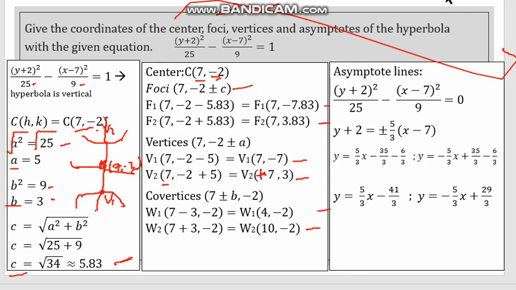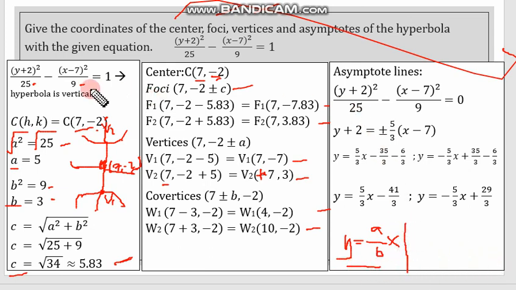Now, for our asymptotes, we will just take our standard equation and replace 1 with 0. So it becomes (y plus 2) squared over 25 minus (x minus 7) squared over 9 is equal to 0. If you remember, for the asymptotes, since the hyperbola is vertical, the equation would be y equals a over b times x if the center is at the origin.